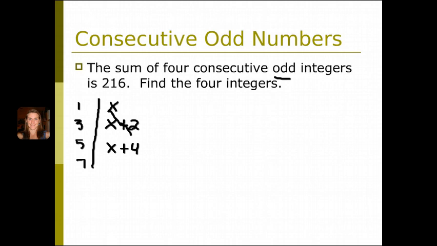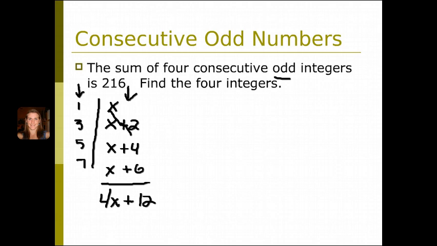And to get from 1 to 7, I add 6. So I just used the numbers here to help me figure out what my formula should be over here. So I have 4x plus 12.